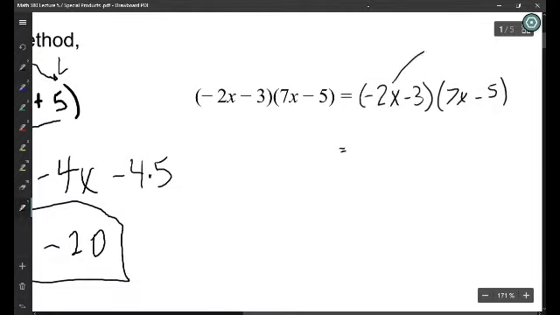So we have our first multiplication, negative 2x times 7x. We have our outside, negative 2x minus 5. So you can always just default to a plus sign and then put the terms into parentheses.